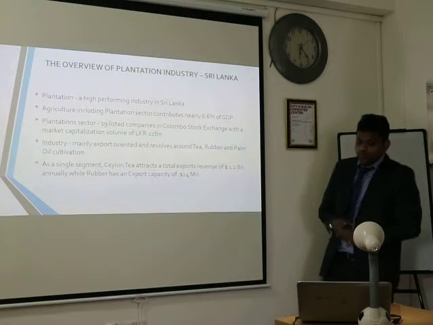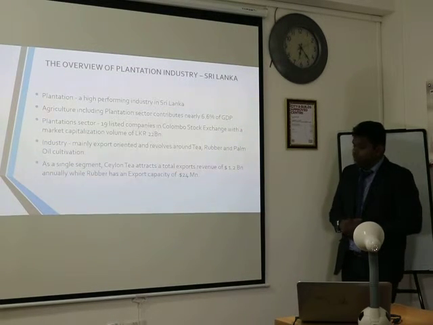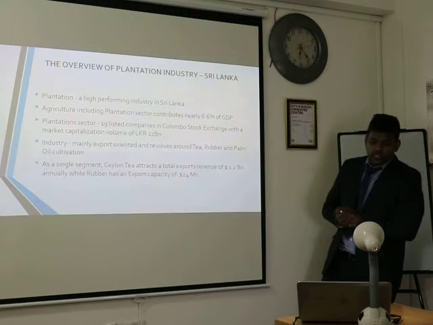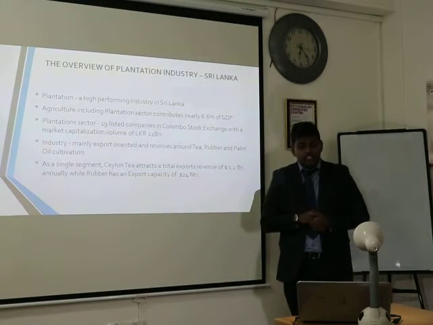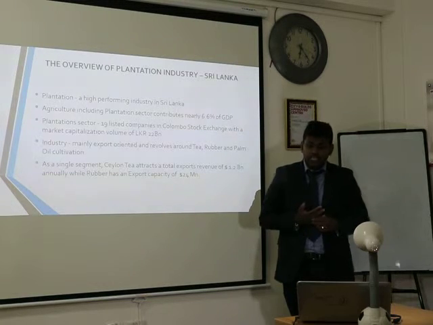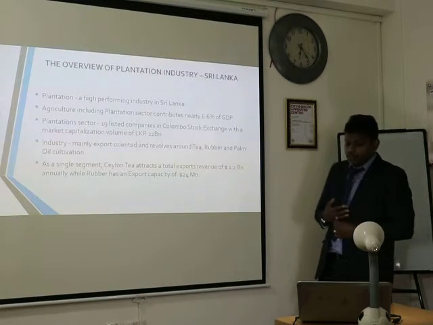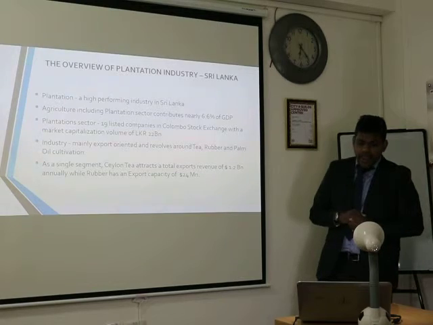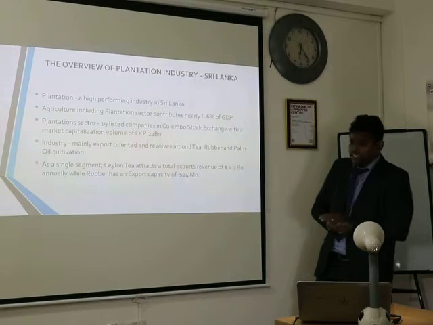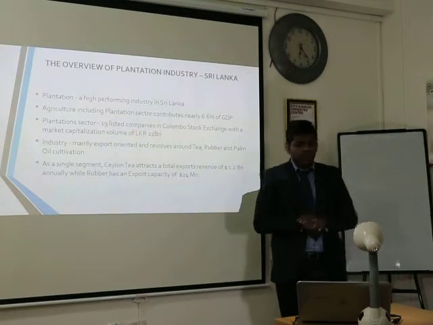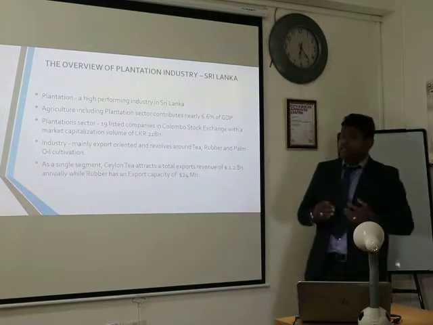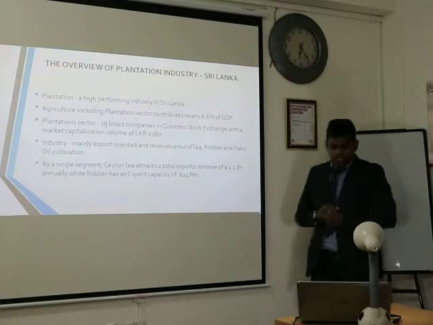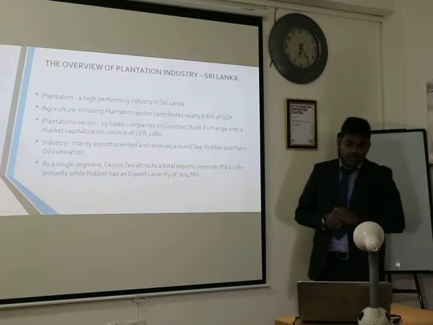The overview of the plantation industry in Sri Lanka. Plantation is one of the high-performing industries in Sri Lanka, and agriculture, including the plantation sector, contributes nearly 6.6% of the GDP. And also, there are 19 listed companies in the Colombo Stock Exchange under the plantation sector, with a market capitalization volume of 22 billion.